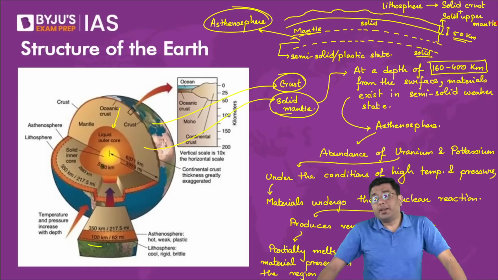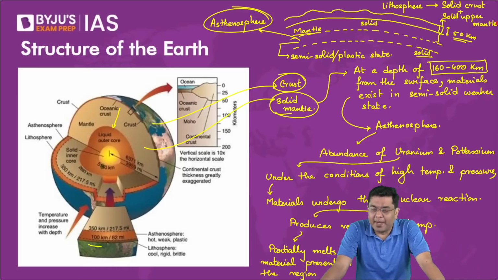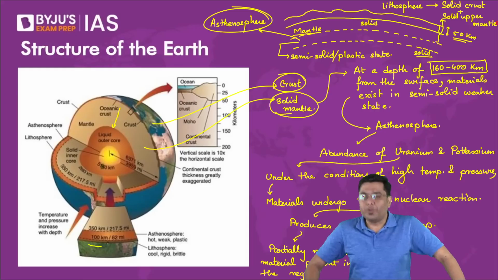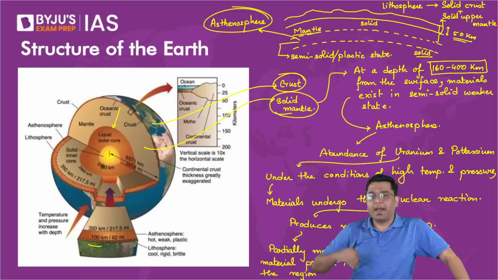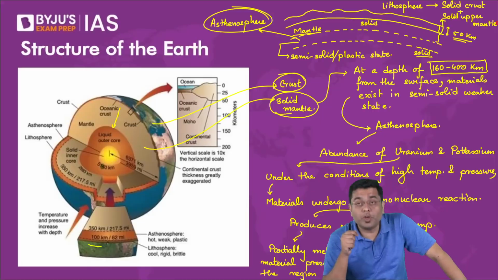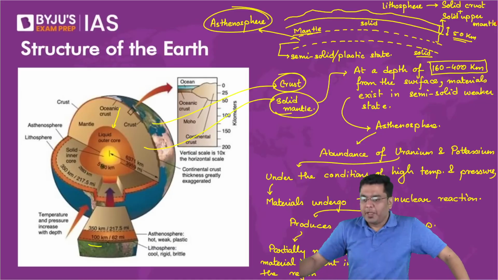Underneath that lithosphere, you have the weaker semi-solid plasticky layer, that is the asthenosphere. Why is it semi-solid? Because there you have a sudden abundance of radioactive materials such as uranium and potassium. These materials under high temperature and high pressure undergo a thermonuclear reaction, and that produces so much heat that you have the partial melting of materials in that region, creating the asthenosphere.